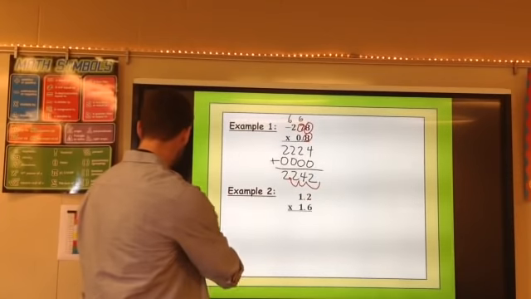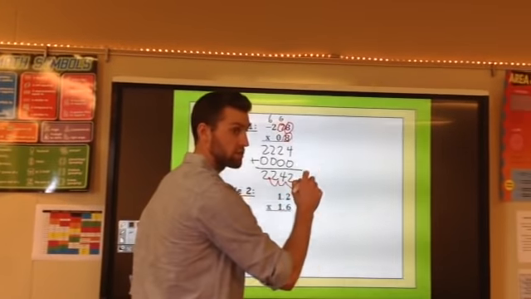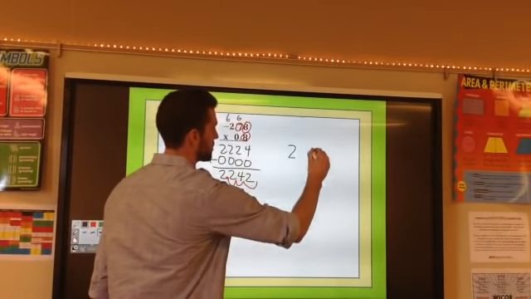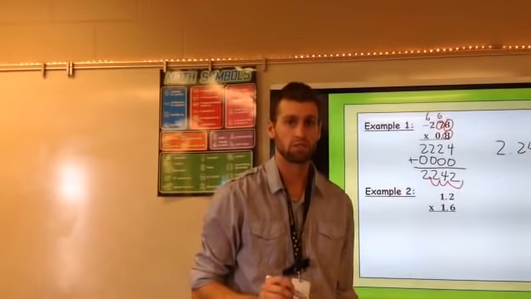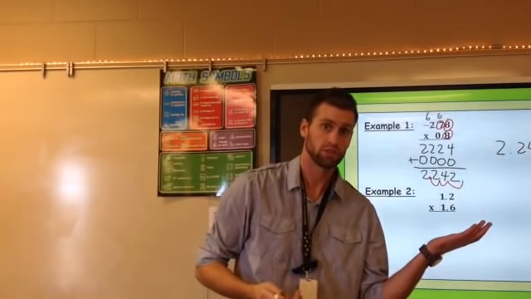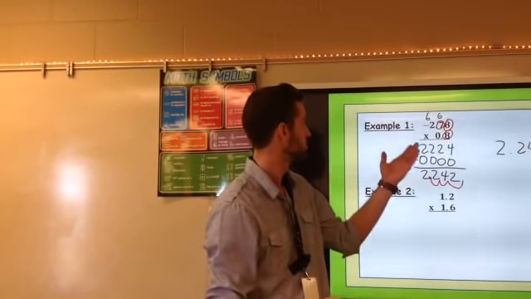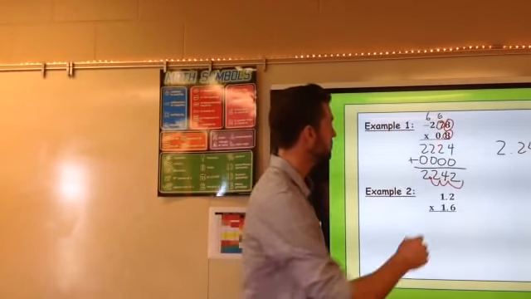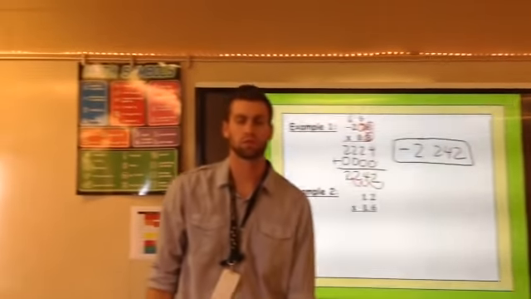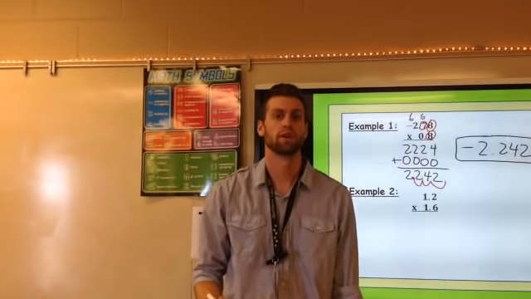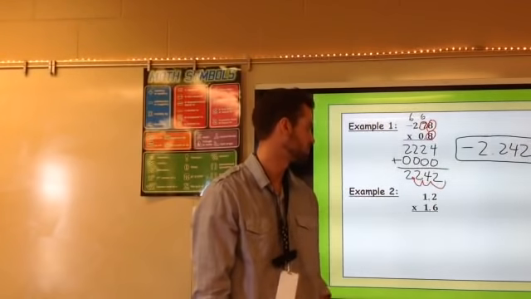Done. Okay? So my numerical answer is going to be 2.242. Now, don't forget step 4. It was our question. Positive or negative? I have a negative times a positive. Negative. 2.242. And it's a negative.